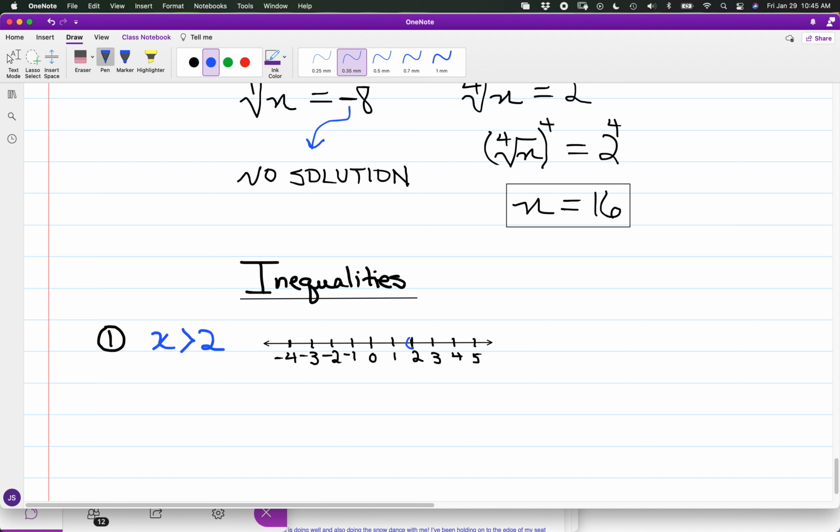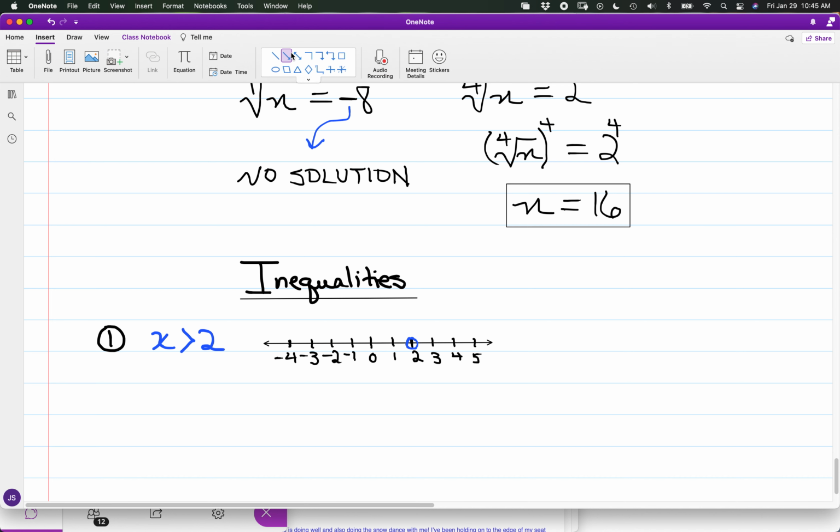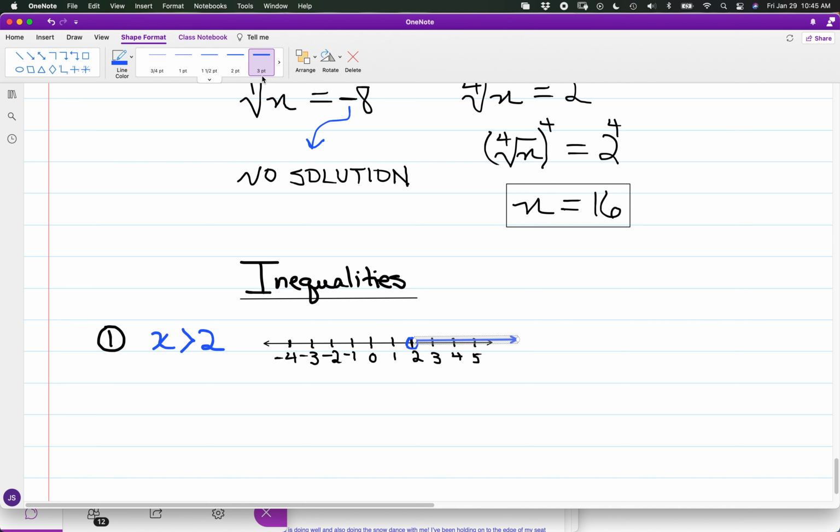So we represent the activity starting from the value that is tangent to, but not including, 2. We have an open circle or a hole, and then x is going to be greater than 2. So if I represent x greater than 2, I'm going to have an array that goes out to the right, where the values of x are increasing. And just representing what we have here.